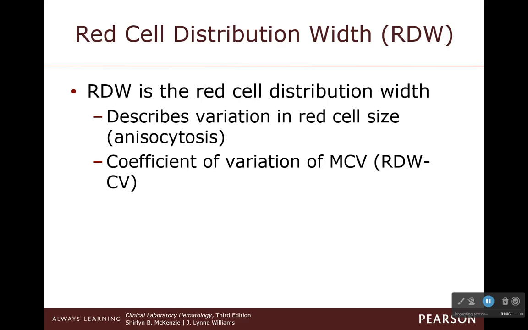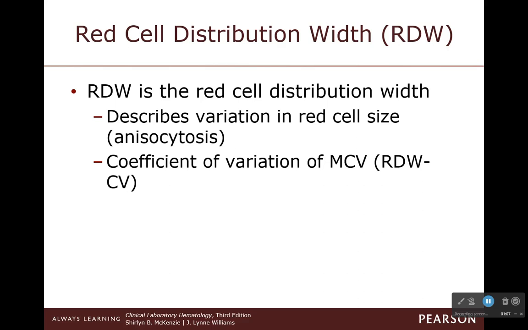When you look at your slide, you're going to see normal cells, you're going to see large cells, and you're going to see little cells. Okay? As you go, population-wise, you're going to see lots of different cell size variation.